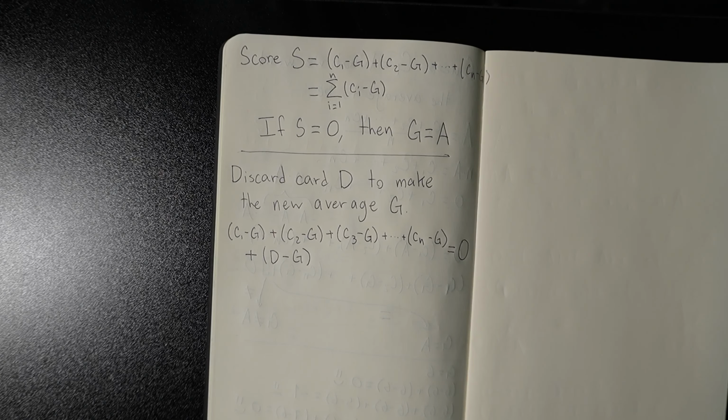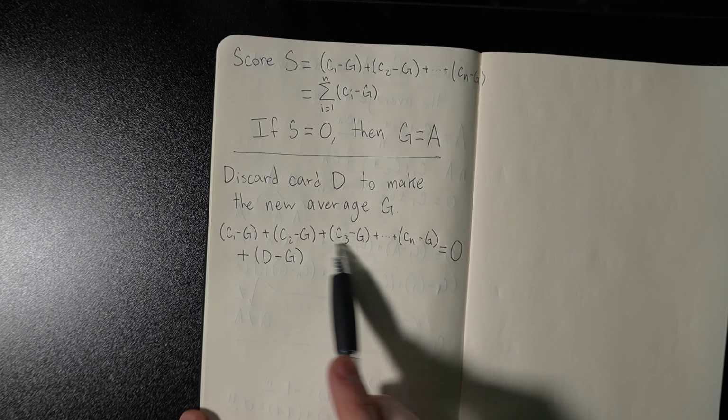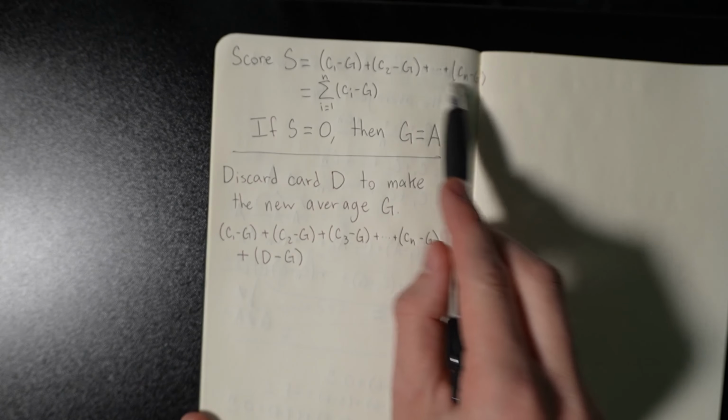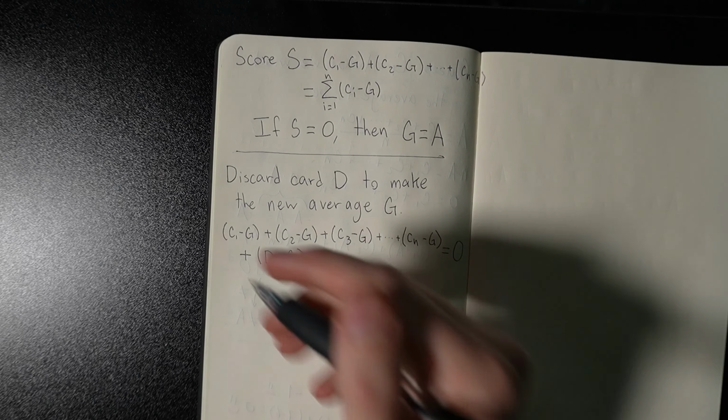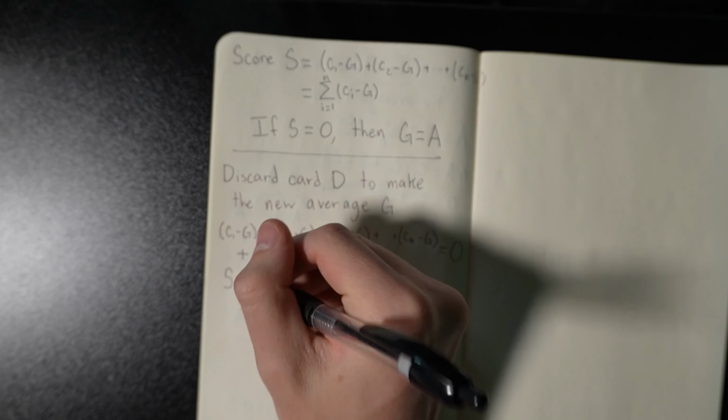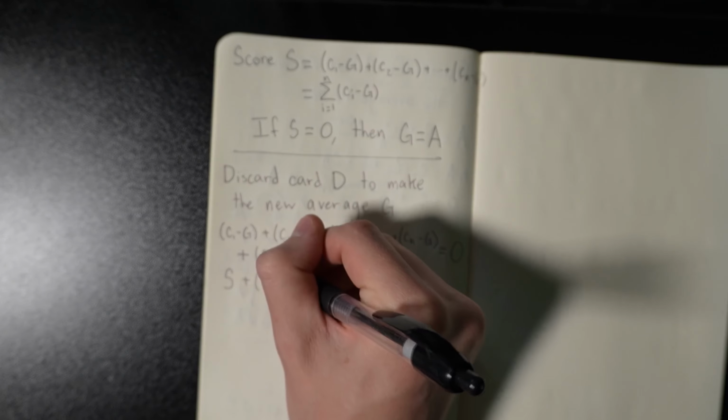Notably, the first n terms of this equation are just the score of the current discard pile, S, the value we've already been keeping track of to decide if the discard pile currently has an average of g. We can substitute this to get S plus d minus g is equal to 0.